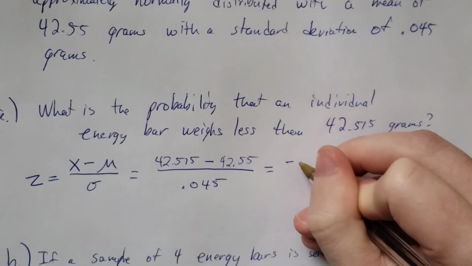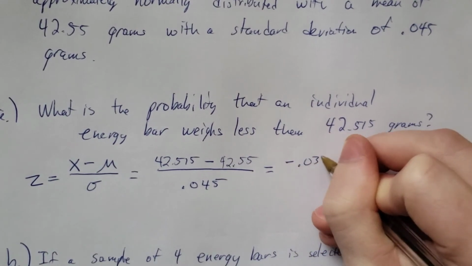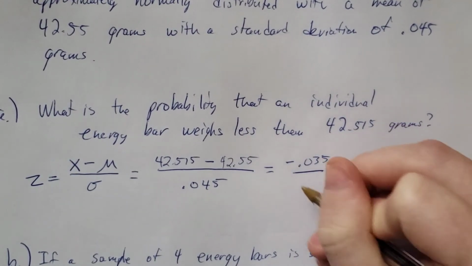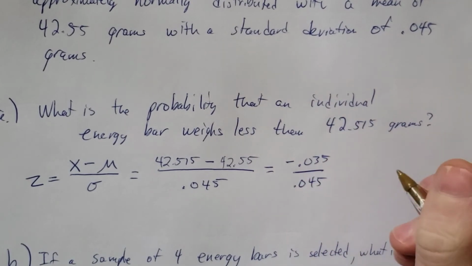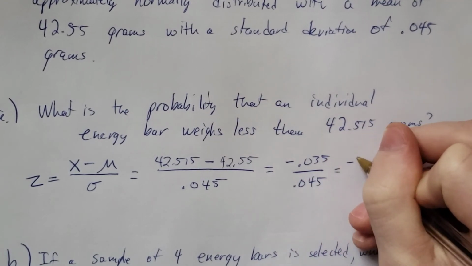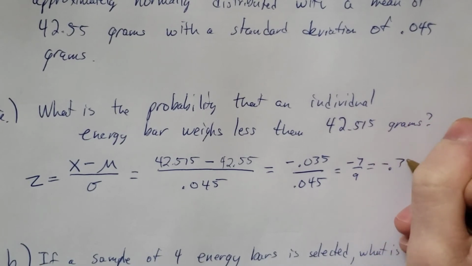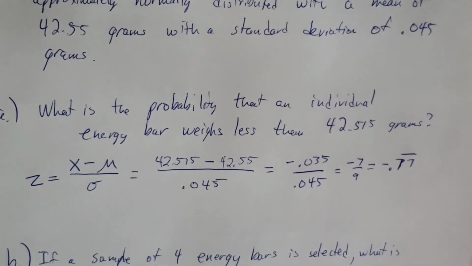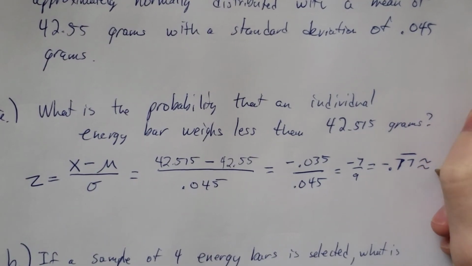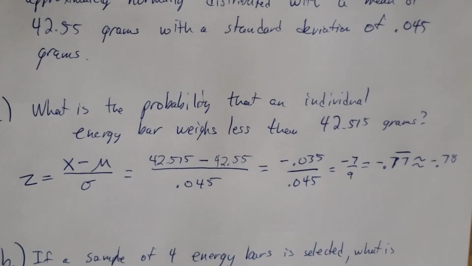And we plug all this in. This is negative 0.035 over 0.045, which is negative 7/9, which is negative 0.77 repeating, or approximately negative 0.78. So we have a z-score of negative 0.78.